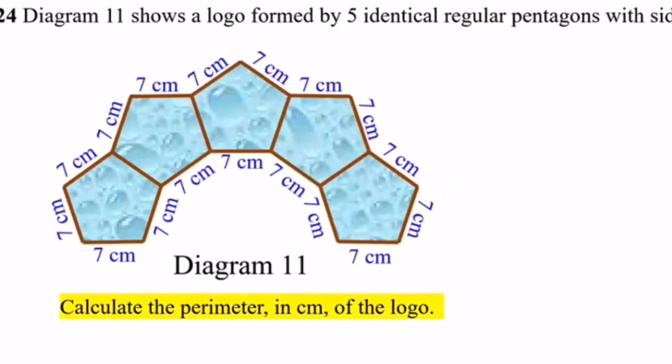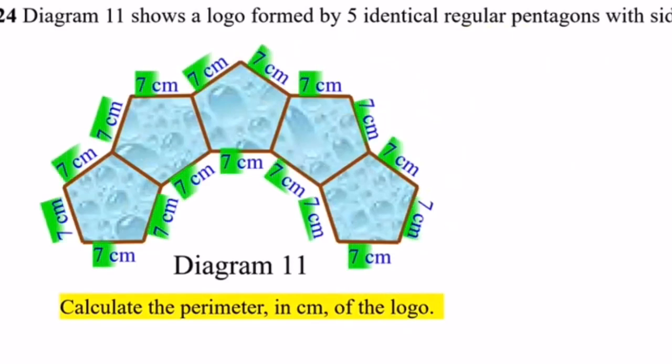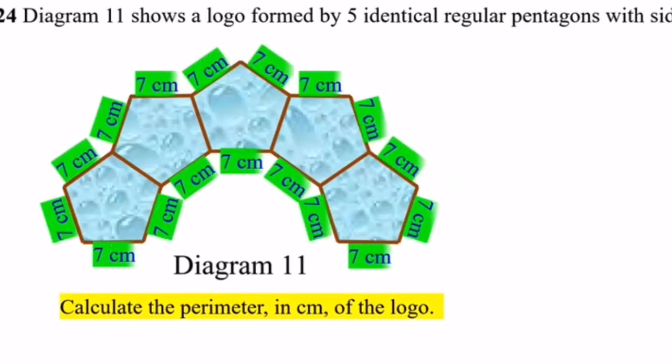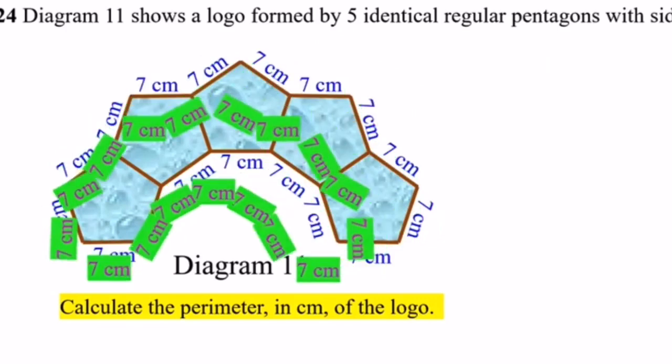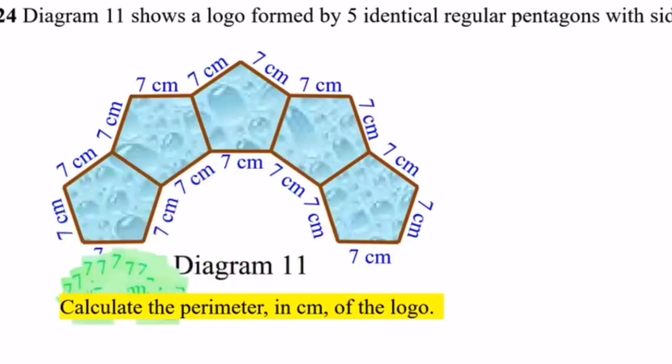Now let's copy down the side, 7 centimeter, and then we will multiply by 17. Instead of writing 7 plus 7 seventeen times, adding one by one is wasting your time. So we will use multiplication, which is faster.